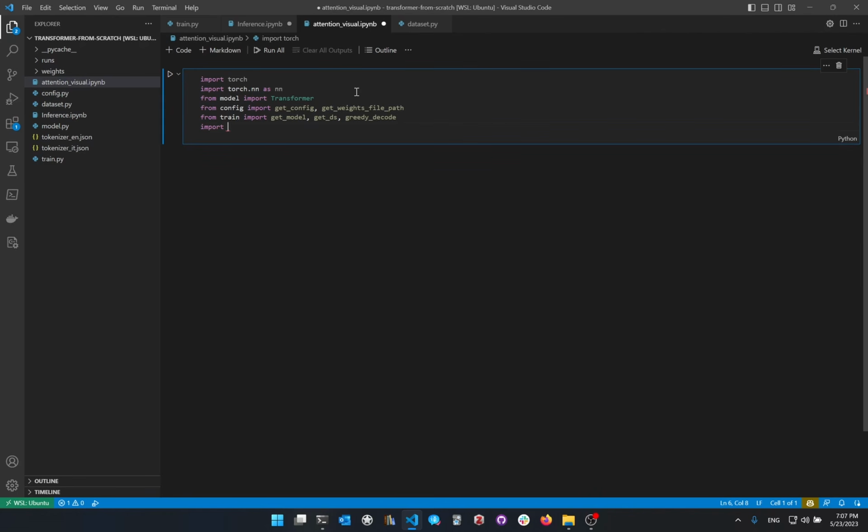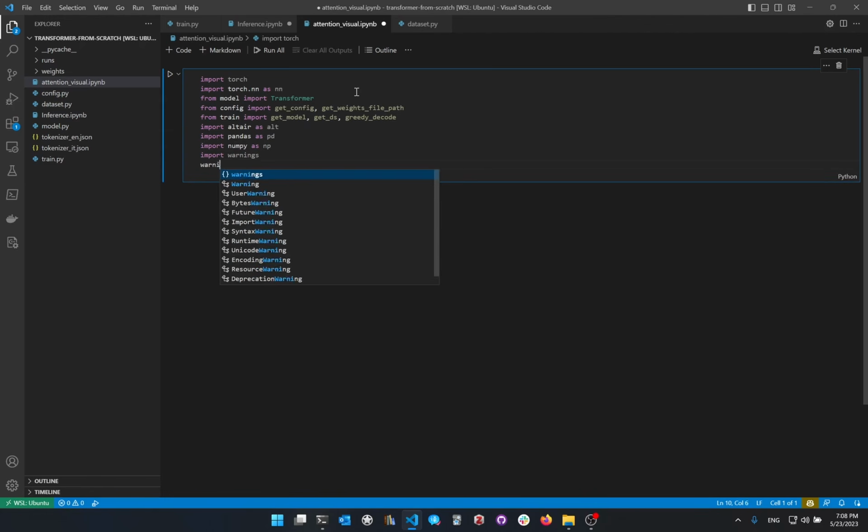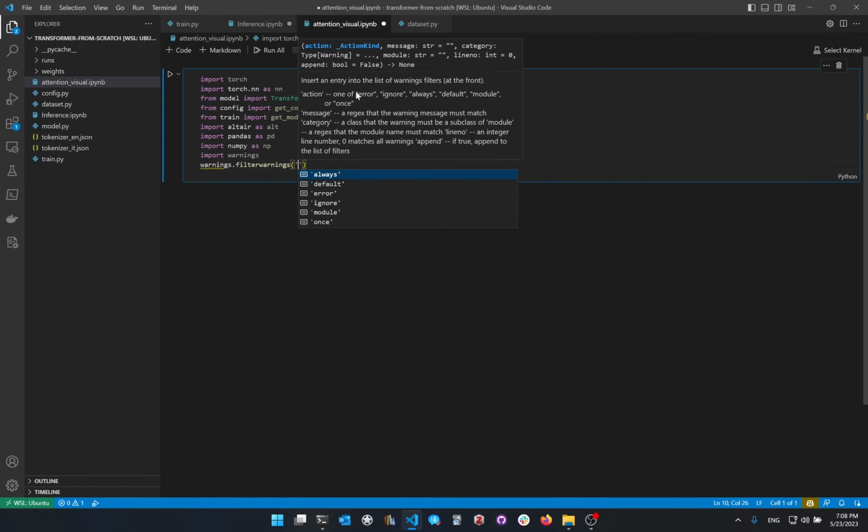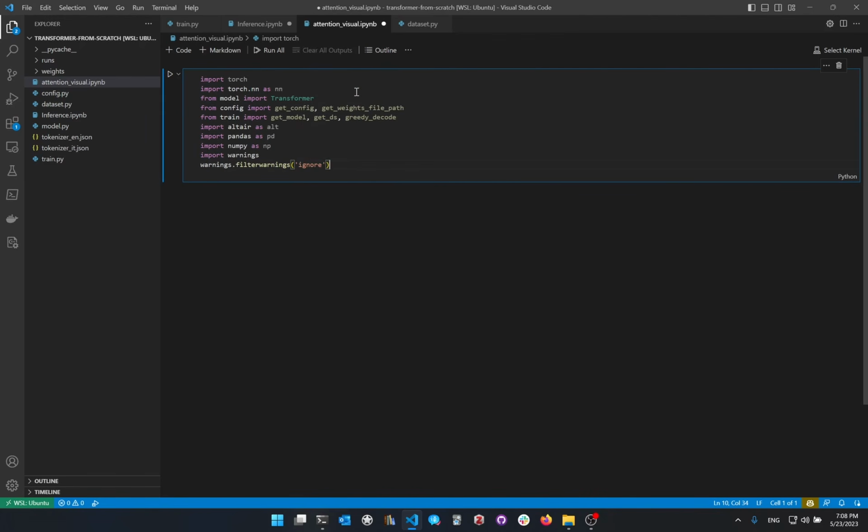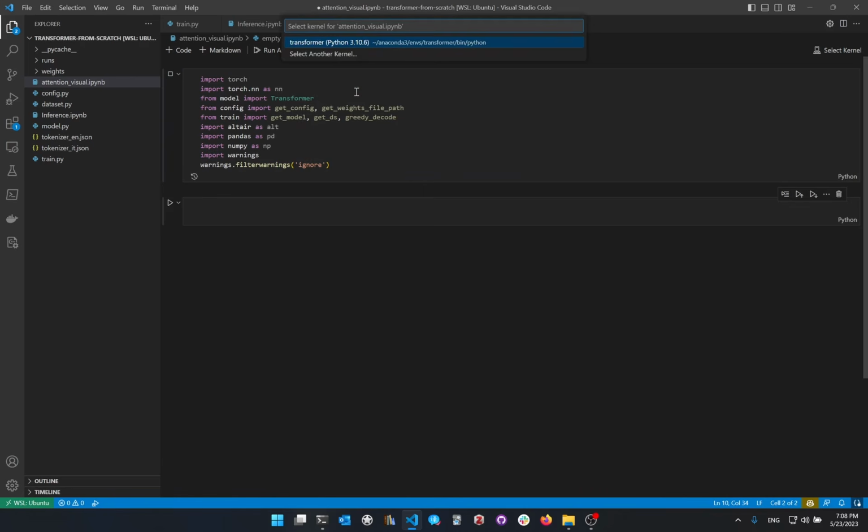So let's import it. Okay, let's import all of this. And of course, you will have to install this particular library when you run the code on your computer.